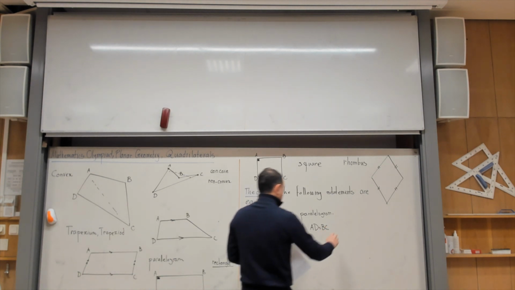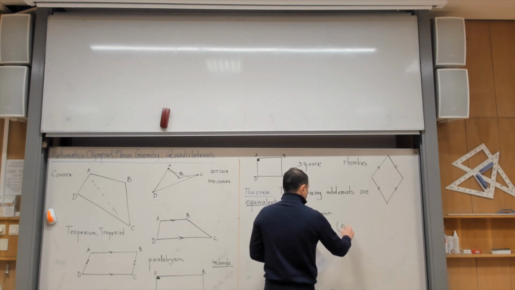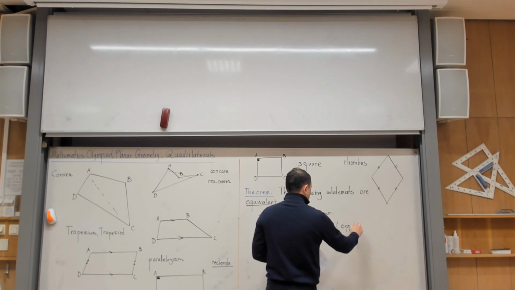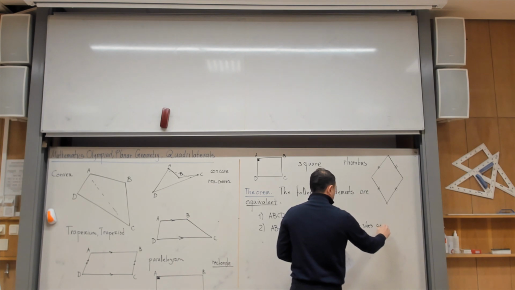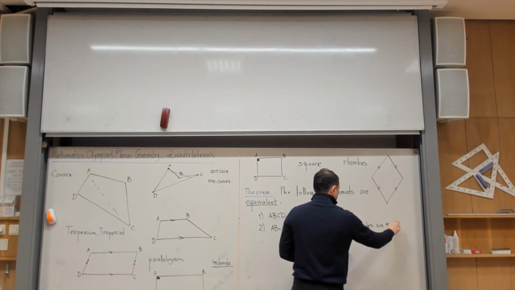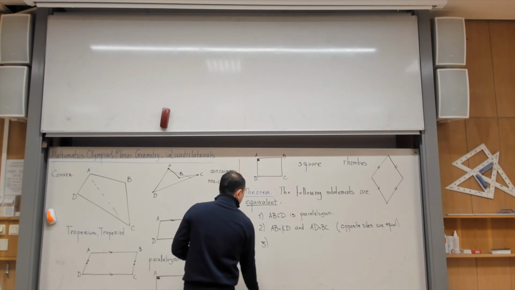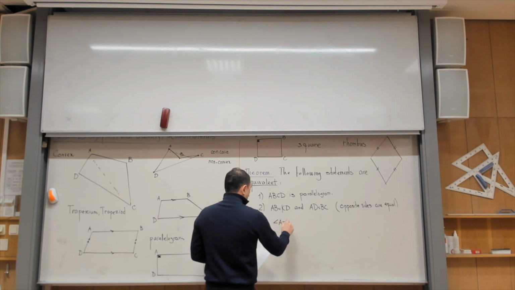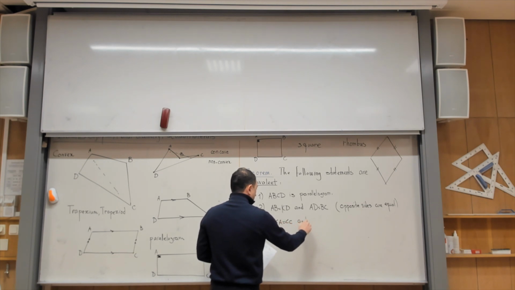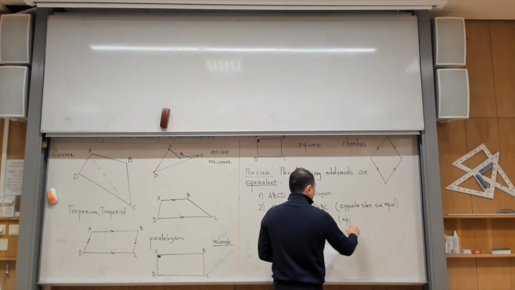Okay, so you can phrase it like this: opposite sides are equal. Number three, angle A is equal to angle C, and angle B is equal to angle D. Opposite angles are equal.